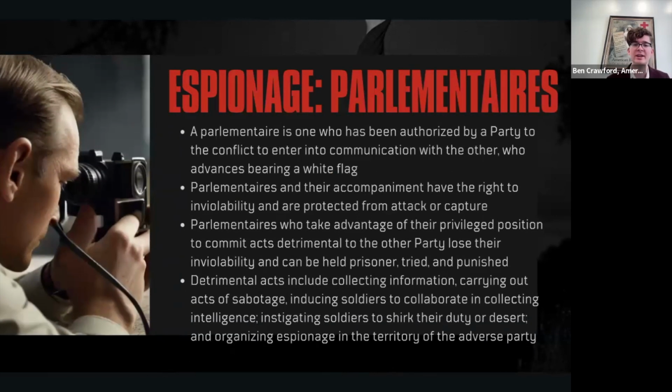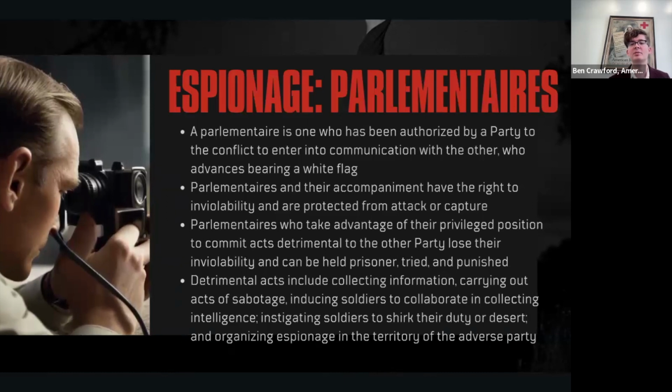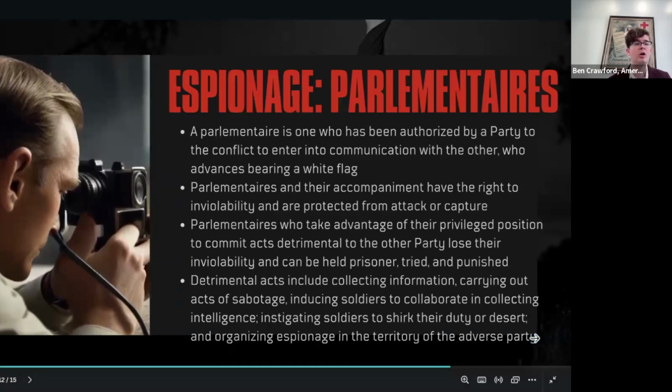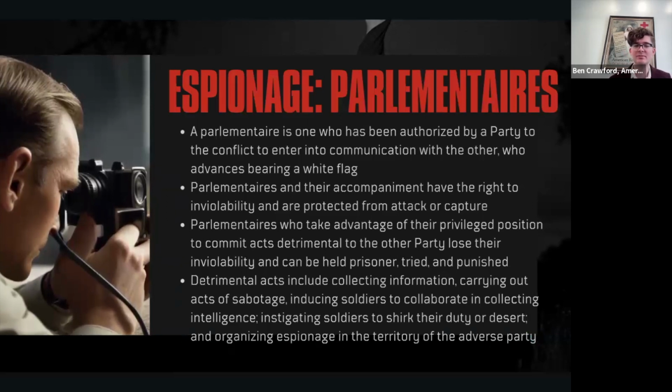An additional factor in espionage is the use of parlementaires, which admittedly are less common in today's world. A parlementaire is one who has been authorized by a party to the conflict to enter into communication with the other, who advances bearing a white flag, which, as we know from previous slides, it is impermissible to use to enter into truces or temporary armistice with the intent of negotiating or surrender, and then using that to lure the enemy in to attack.